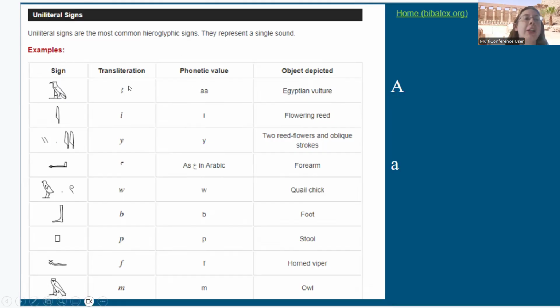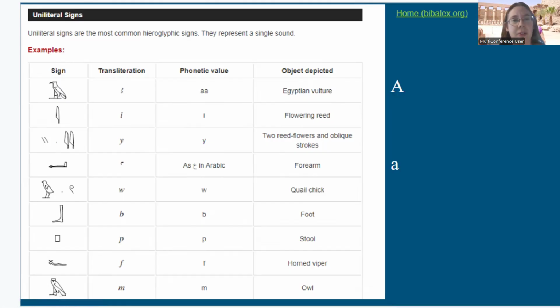So what we have first is the basic structure for unilaterals, bilaterals, and trilaterals, where we have the actual picture, the actual image, and then we have the transliteration.